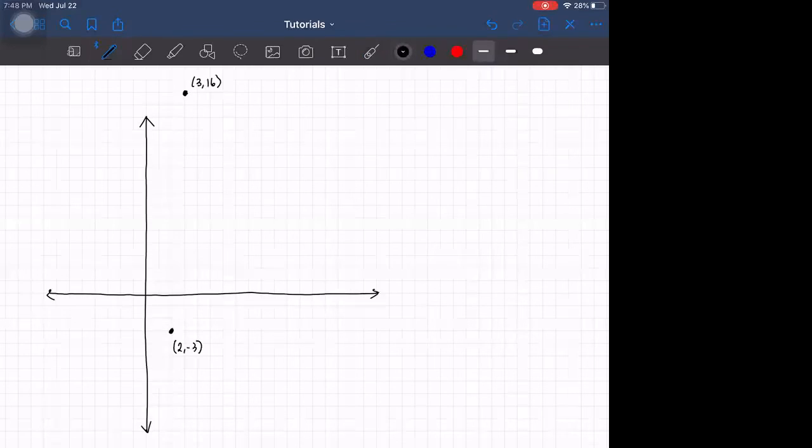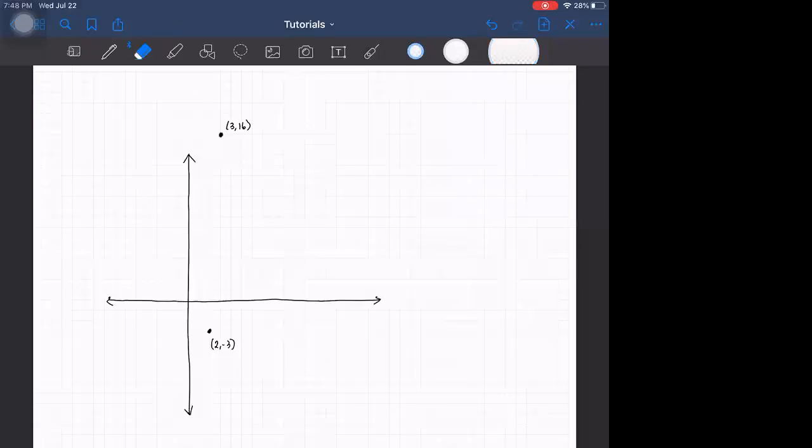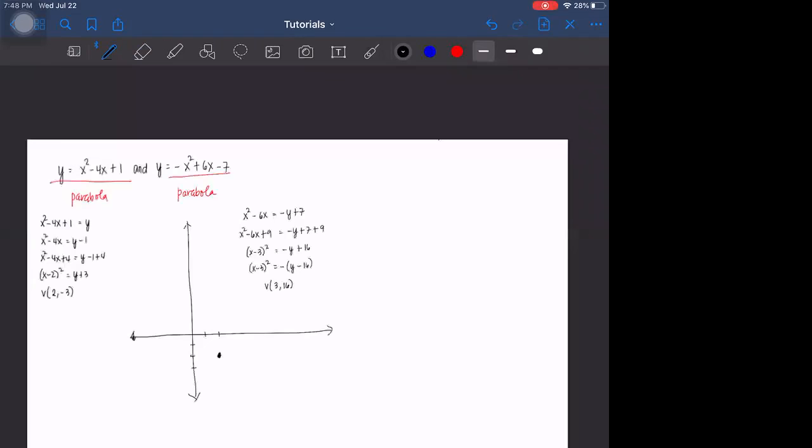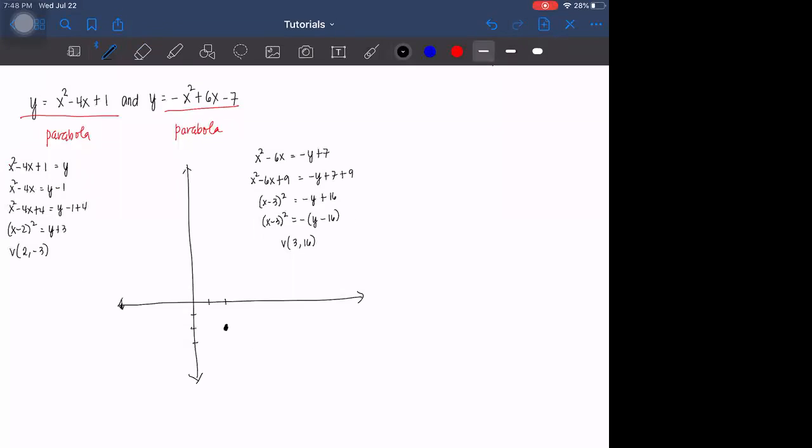The question is, where do they meet? Let's check where the two parabolas meet, so we will equate them. x squared minus 4x plus 1 equals negative x squared plus 6x minus 7.